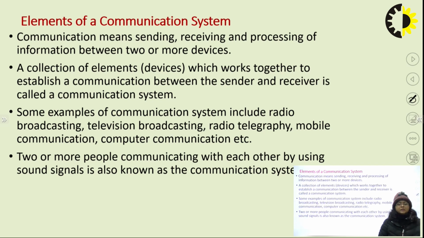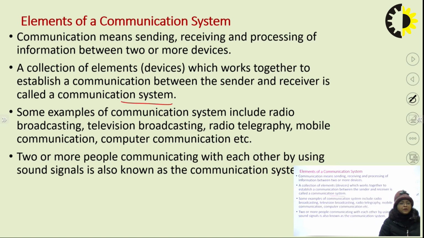Now we move towards the elements of a communication system. What do you mean by communication system? A communication system means a system to send and receive a signal. Communication means sending, receiving, and basically processing of information between two or more devices. A collection of devices which work together to establish communication between sender and receiver is called a communication system.